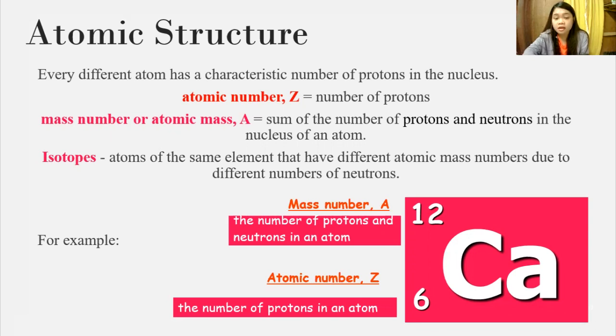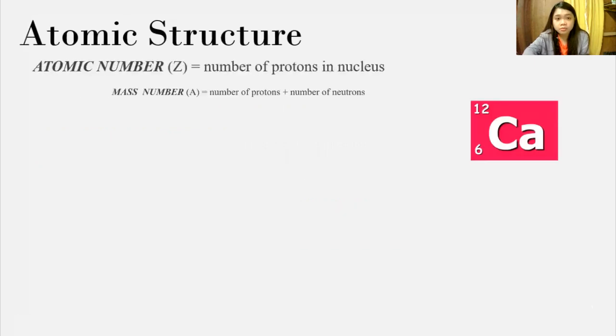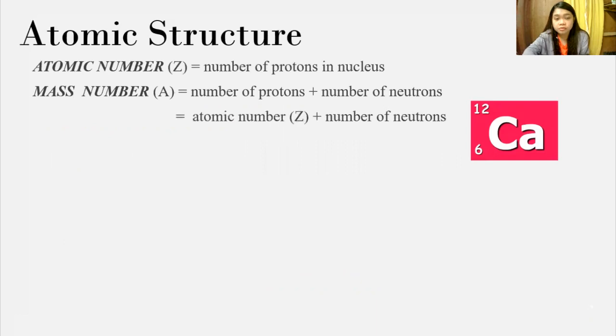In these isotopes, they have a fixed number of protons because it is based on their atomic number. To summarize, mass number is equal to the atomic number plus the number of neutrons. It's understandable because the atomic number is just equal to the number of protons.